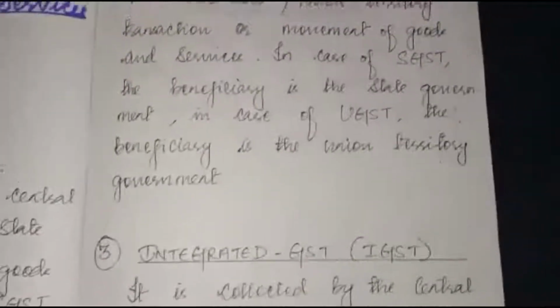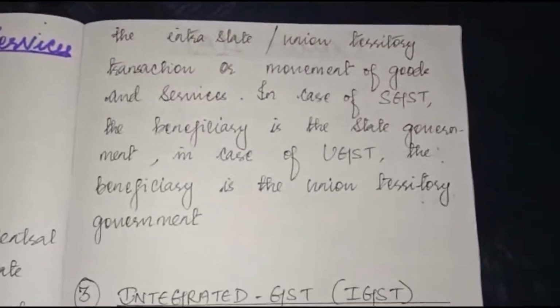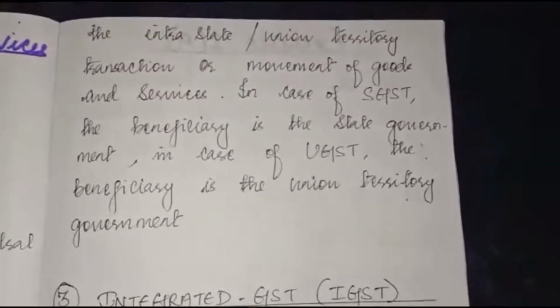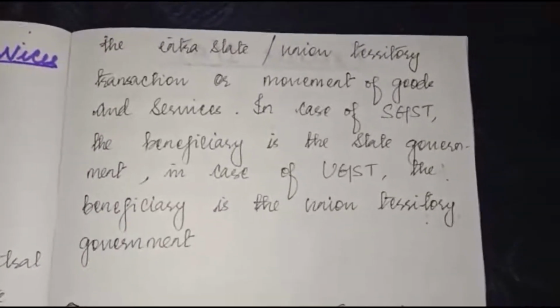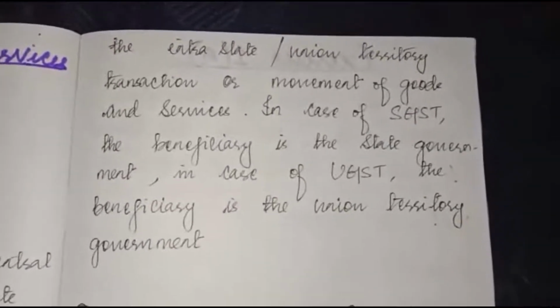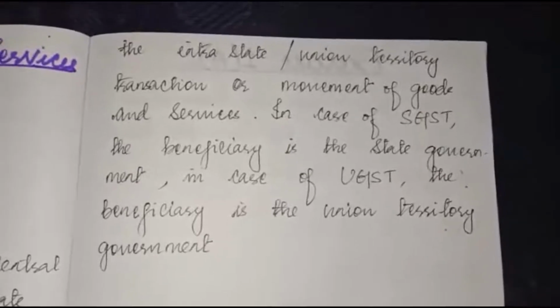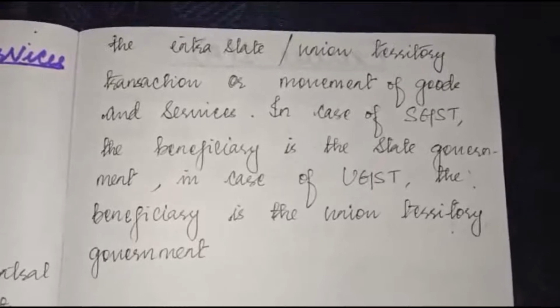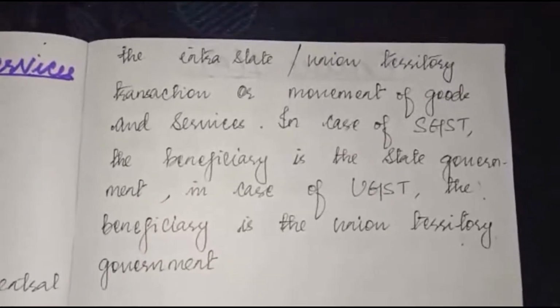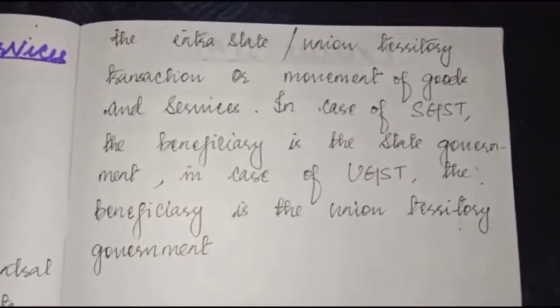So in SGST and UTGST, if it is a state, like Sikkim, then the tax will be collected by the state government. But Lakshadweep is a union territory, so in that case the tax will be collected by the government of that union territory, okay.